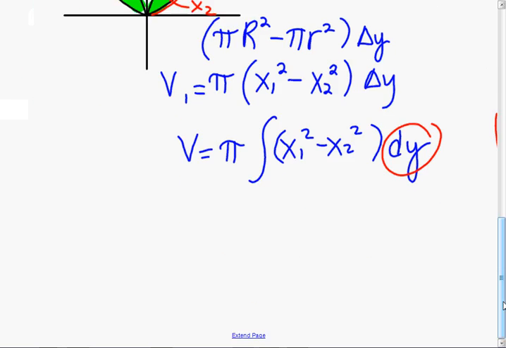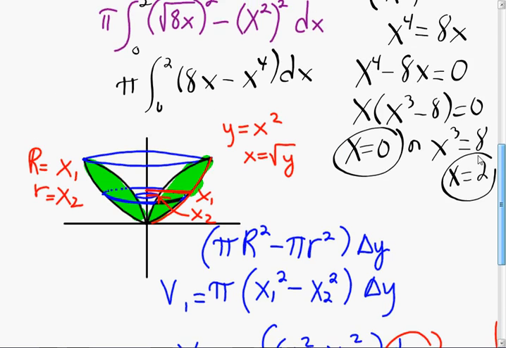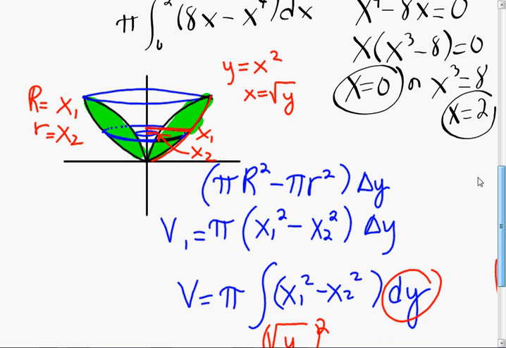This is the square root of y squared minus, and then the other x was y squared equals 8x? So you have to solve for x in terms of y. So what is that? What's x equal to? Declan, what's x equal to? Y squared divided by 8.